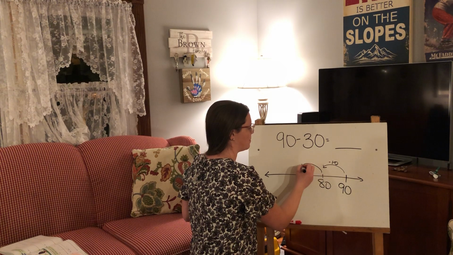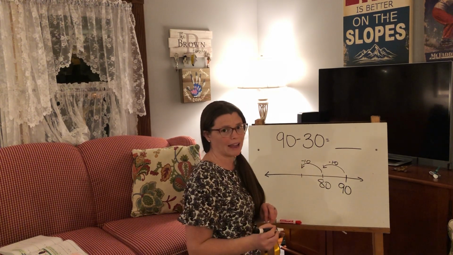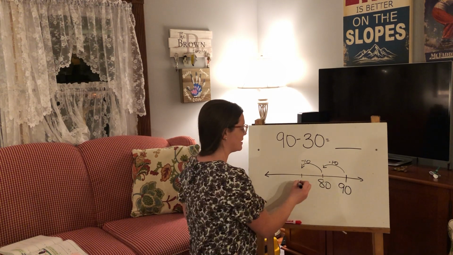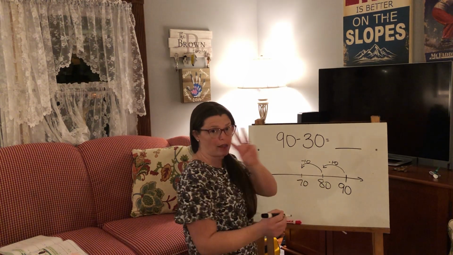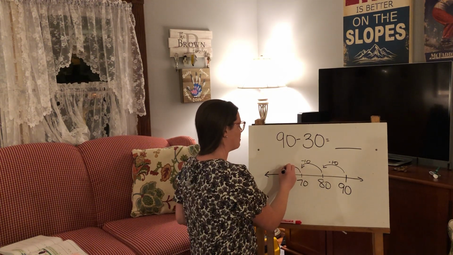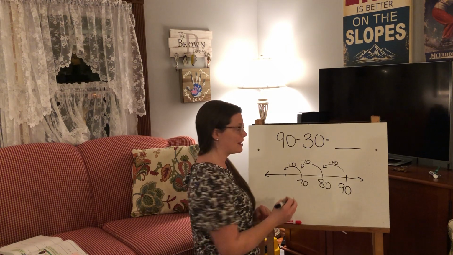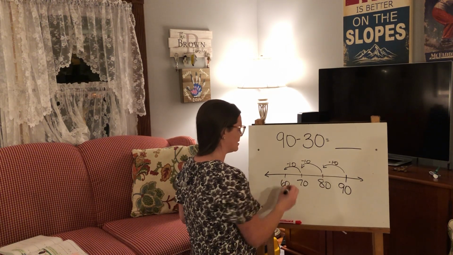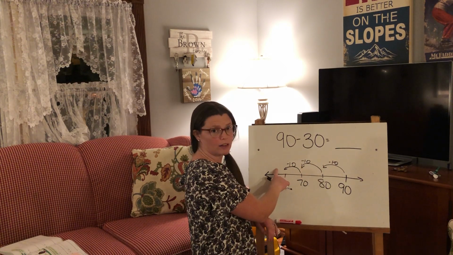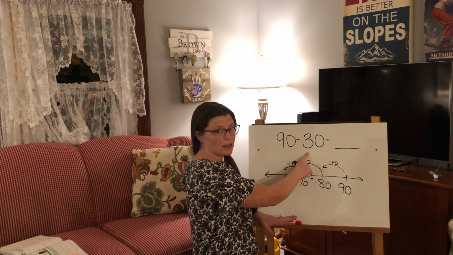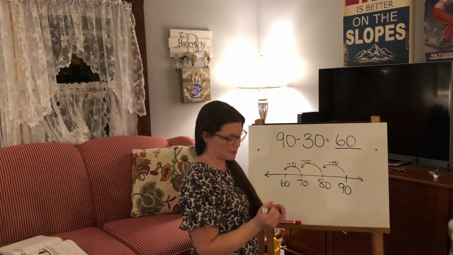And then I'm gonna go minus 10 and I'm gonna end up back at 70. And now I'm gonna do my third minus 10 and I'll end up at 60. And because I jumped back my 3, which was all I had to do, my answer is 60.